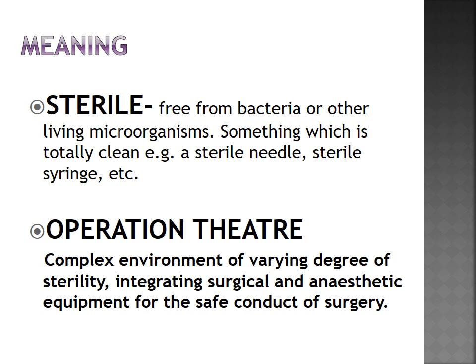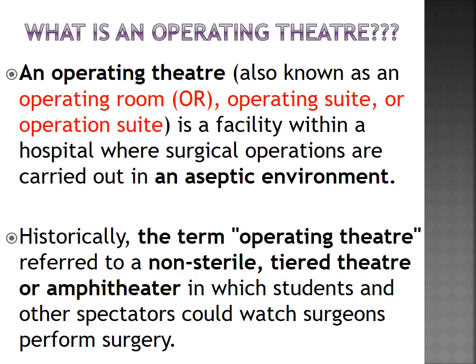So it's a place where the surgery is performed and where you see an immense number of advanced technology, embedded machinery or equipments, and where various types of surgeries are being performed. And to add on to that, it is a very strict sterile environment.